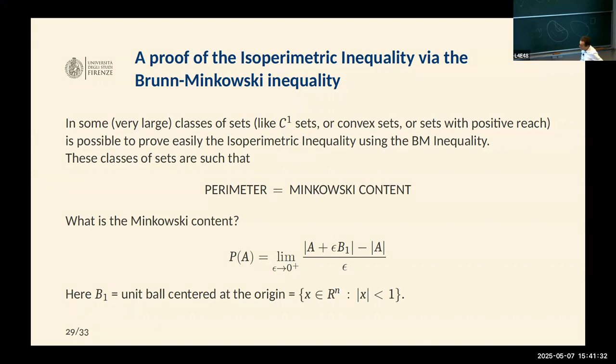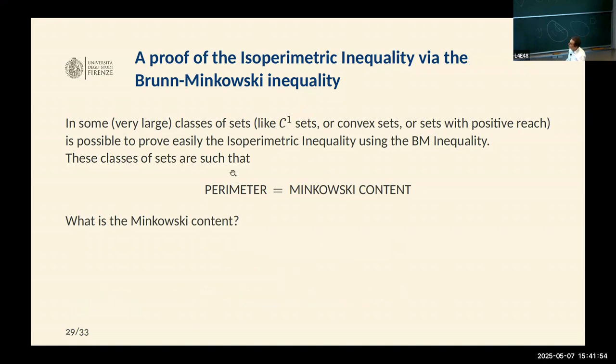Essentially you take the set, you add a ball of radius epsilon B1. B1 is the ball of radius 1. If you multiply by epsilon, you have a ball of radius epsilon, with epsilon very small. You subtract the volume of A, you divide by epsilon, you take the limit as epsilon tends to 0.